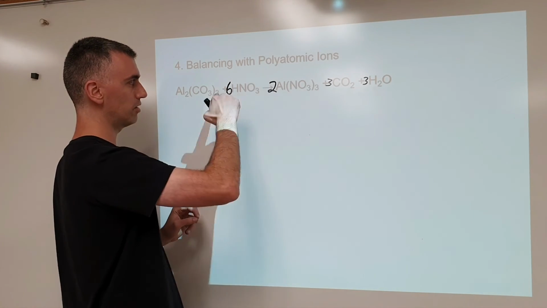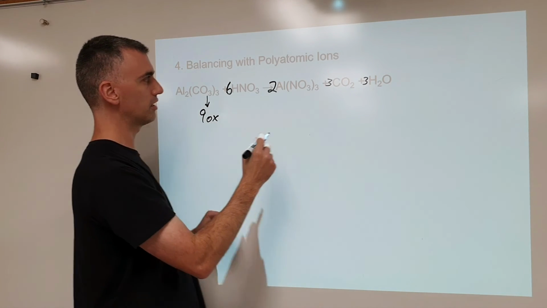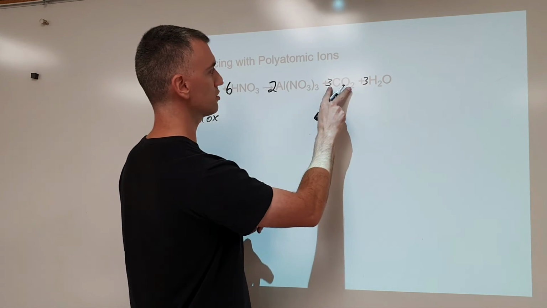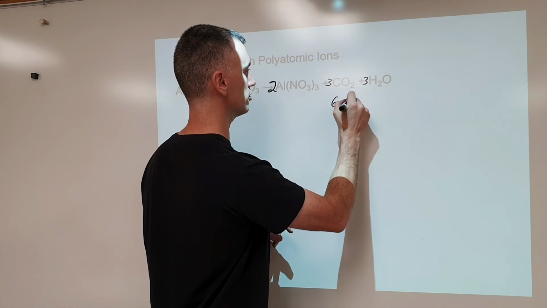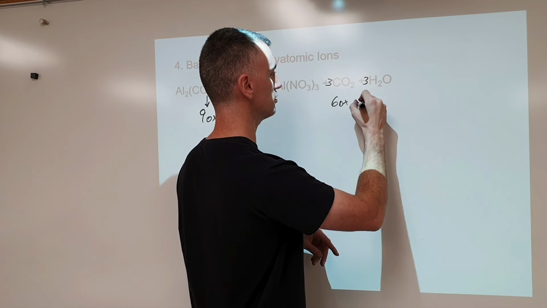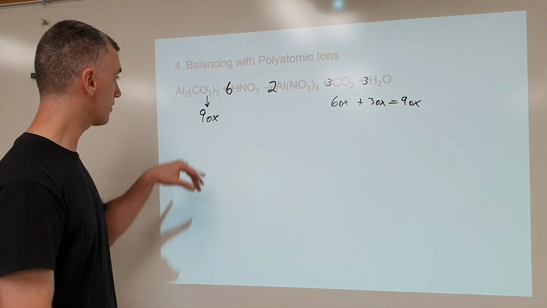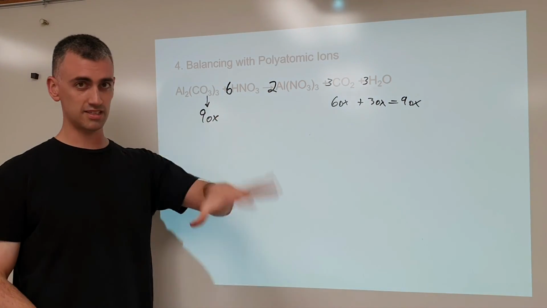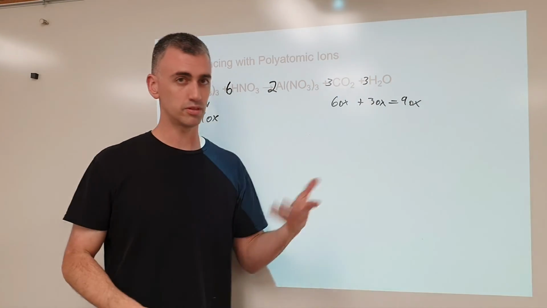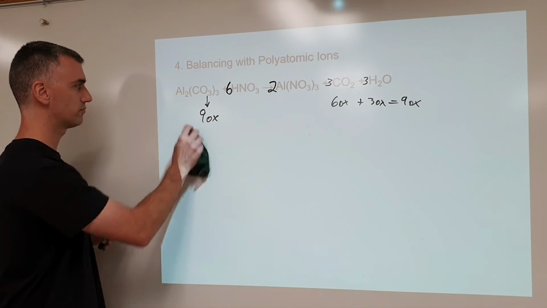After I adjusted all this other stuff, I did count 9 oxygens here, and look at what happened. 3 times 2, because I adjusted this for the carbon back here, so I now have 3 of these, so 3 times 2 is 6 oxygens, and then I adjusted this to make the hydrogens work, and that made 3 oxygens for a total of 9 oxygens. So that thing earlier, I said that oxygen would be complicated, I said save it for later. This is why, because by balancing all the other stuff, the oxygen problem took care of itself, and we have it already set.